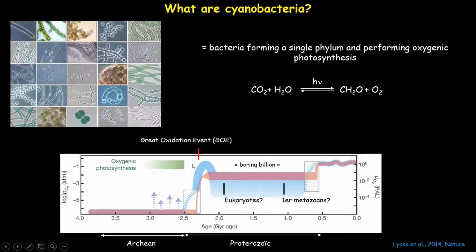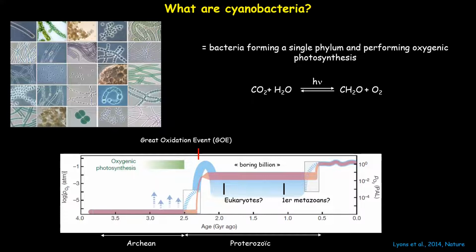For geologists, this reaction has been pivotal in the history of life, since with the advent of oxygenic photosynthesis plus other processes, we got oxygenation of the atmosphere at the surface of the Earth. This massive production of dioxygen that eventually built up in the Earth's atmosphere was invented by cyanobacteria.